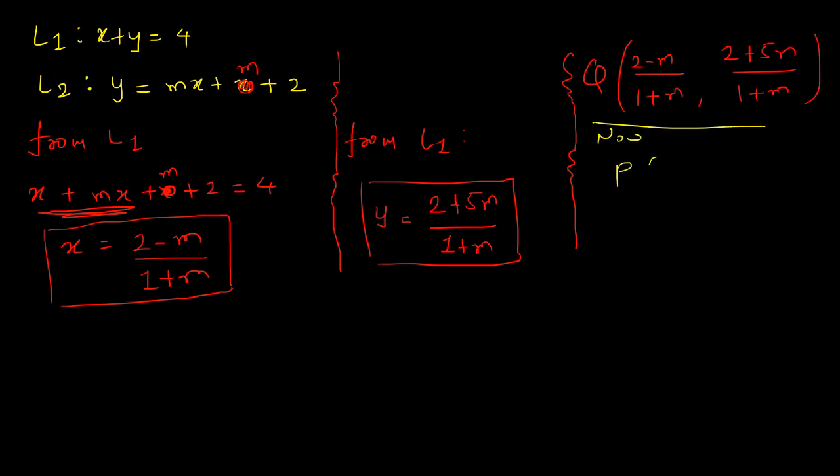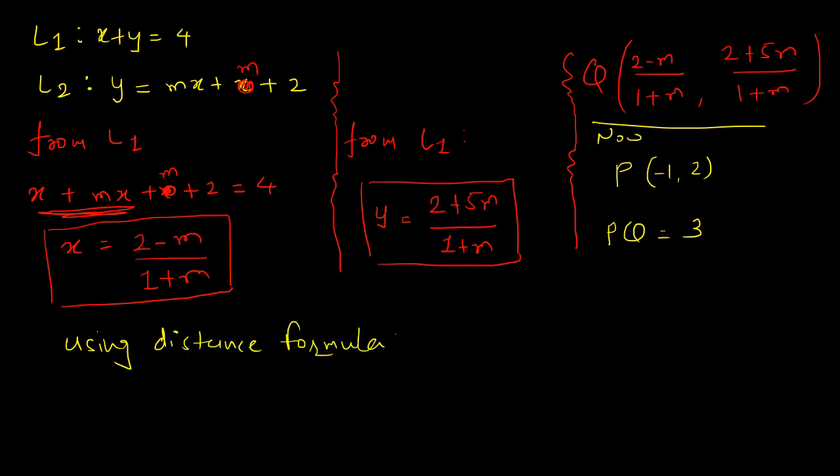Now we have the coordinates of P, that is minus 1, 2, we have the coordinates of Q, that is this, and also we have the distance PQ, that was 3 units. So using distance formula, PQ is equal to 3, so PQ square is equal to 9, and applying all those calculations, you will get m equal to 0.